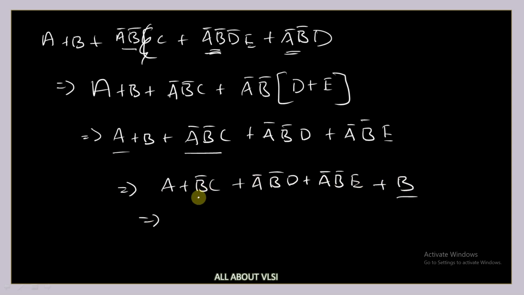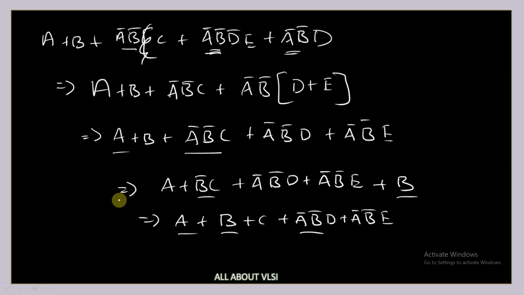If I add b in these two terms and apply the distributive law, then a + b + c + a̅b̅d + a̅b̅e. If I again apply the distributive law, this a̅ will be eliminated, and if I add this b with these two terms, b̅ will be eliminated. So finally you are going to get a + b + c + d + e.